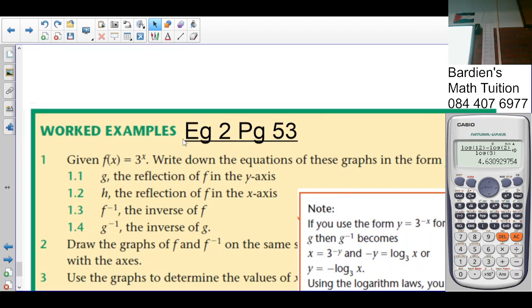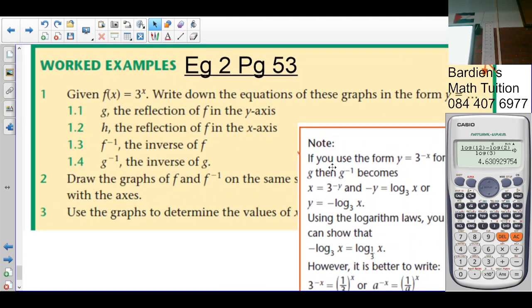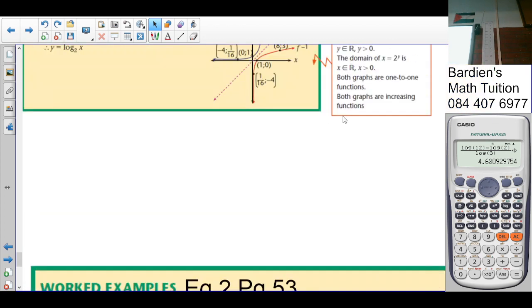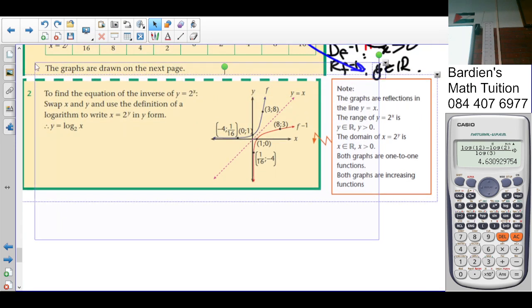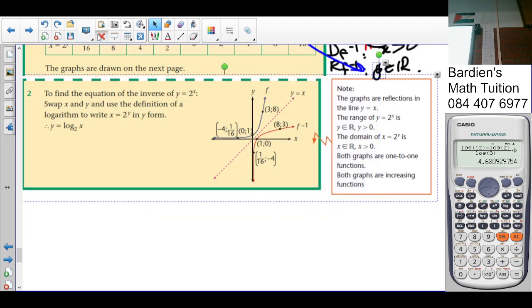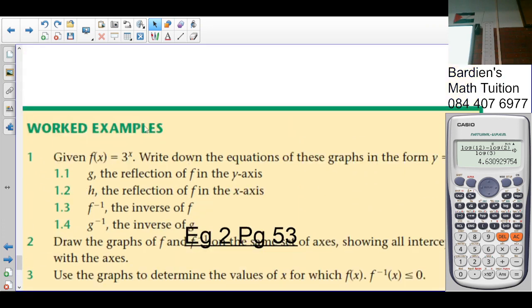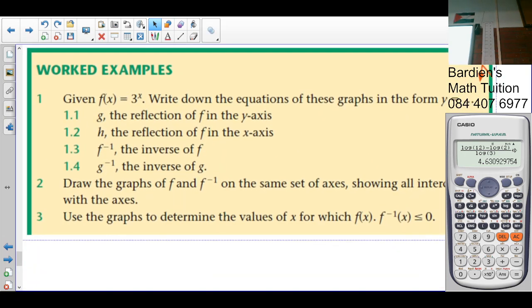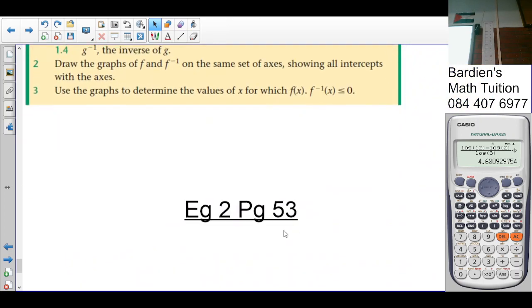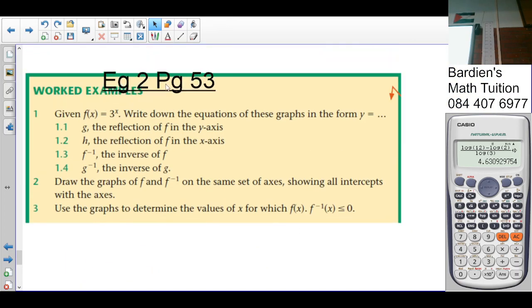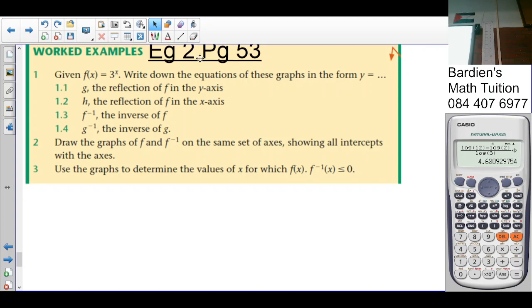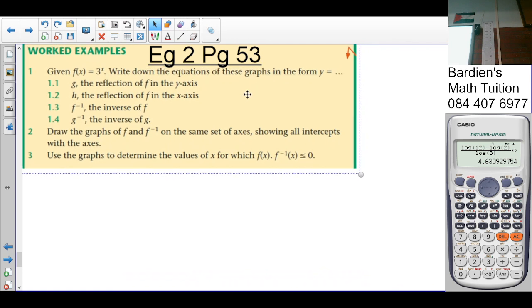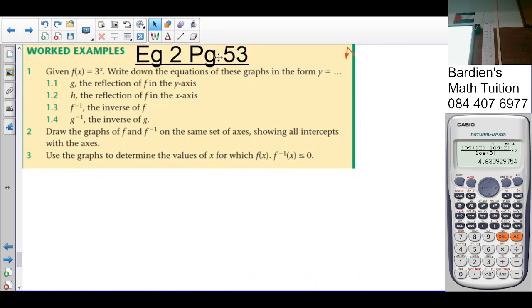Let's look at worked example 2, on page 53. We are told, given f of x equals 3 to the x, write down the equation of these graphs.